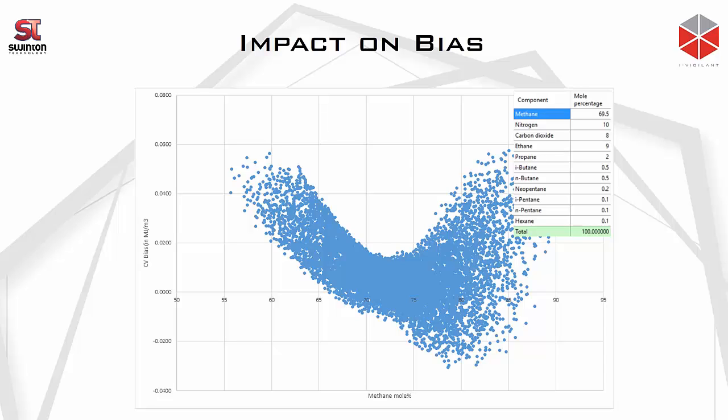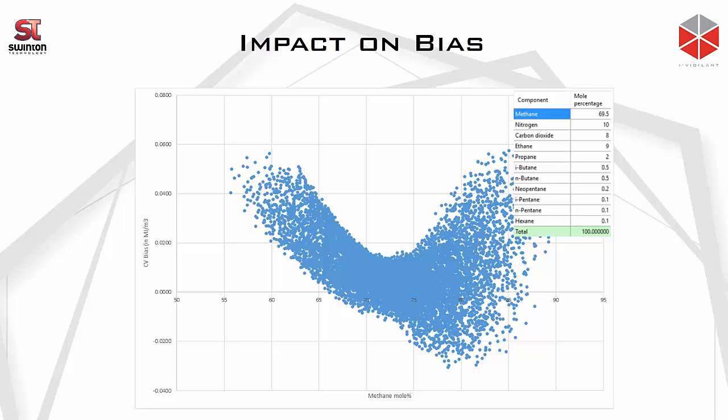As you can see, where we operate at around 70%, where the calibration gas actually operates, we have a bias that is pretty small. And if we see the overall error profile, everything is less than 0.06 megajoule per standard meter cube, which can be acceptable across the whole range.